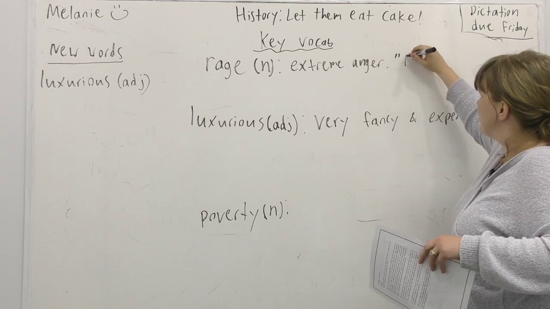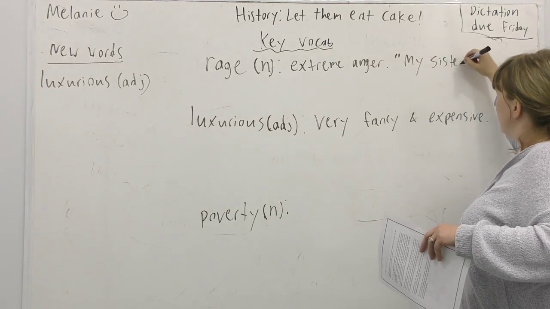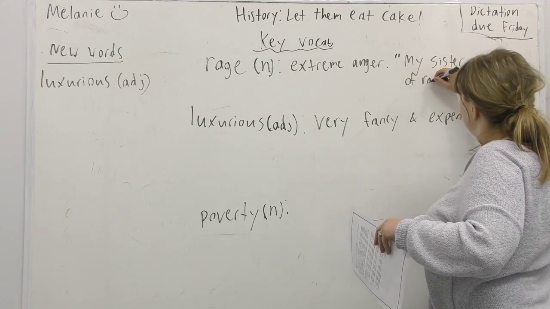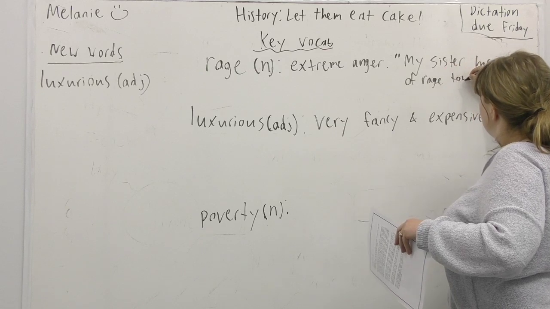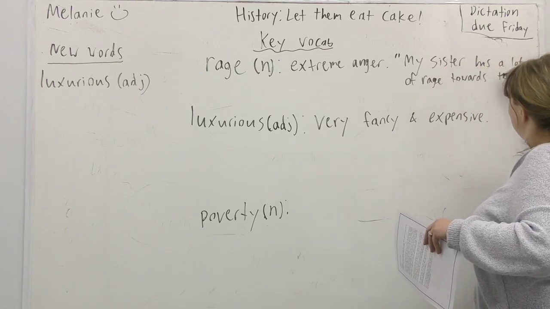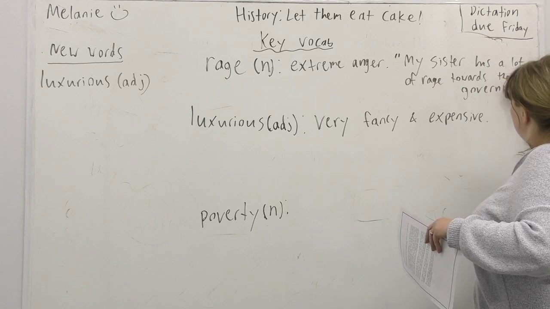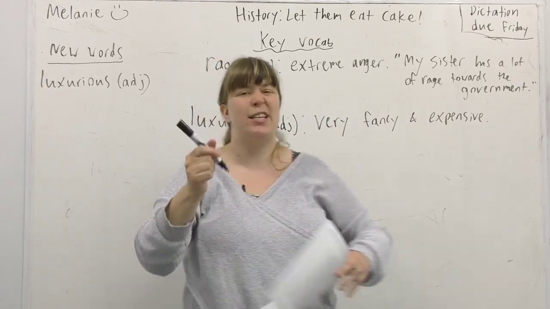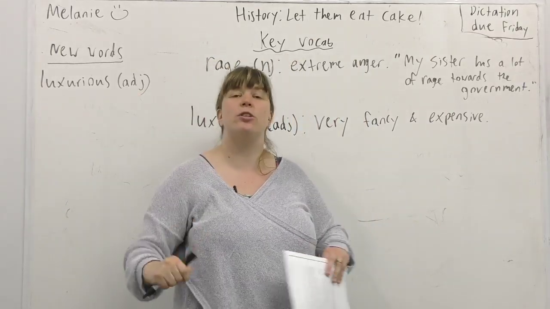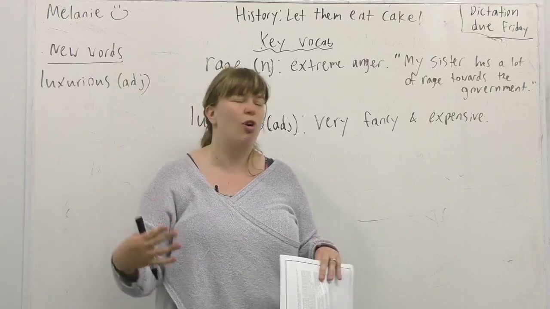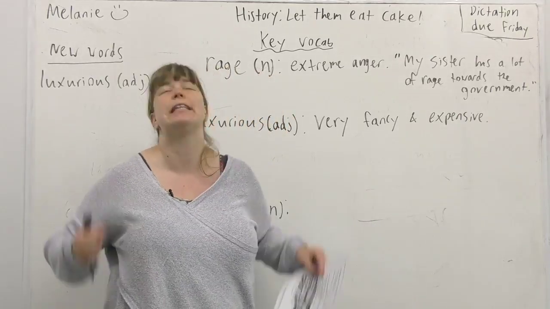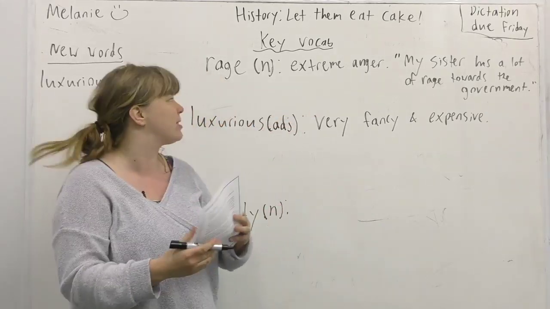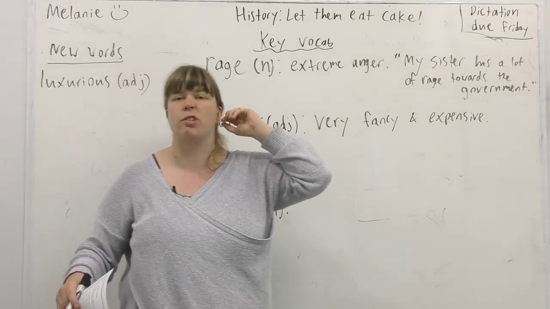So for example, maybe you could say, not true, but my sister has a lot of rage towards the government. Just an example. Let's pretend my sister has a lot of problems with the Canadian government. She doesn't like the way they do things, and she's always like, they're doing this wrong. This is not how a country should be run. And maybe she writes a lot of angry emails and sends them out. So that is what rage is, extreme anger.